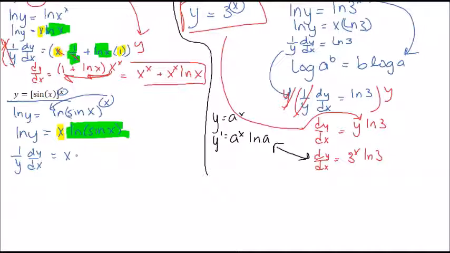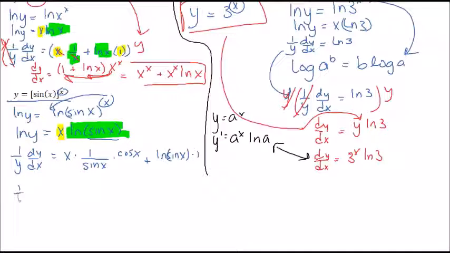So it's the first times the derivative of the second, which is 1 over sine of x, but don't forget to multiply that by the derivative of the sine of x, which is cosine of x. Because remember, this itself will require a chain rule. Plus the second, which is ln of sine of x, times the derivative of the first. And the first is just x, so the derivative of that is just 1.